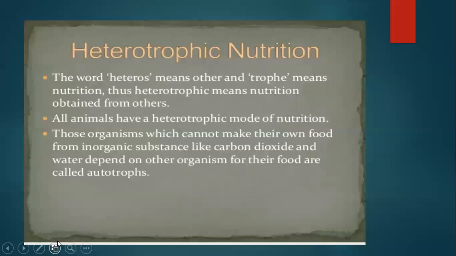So examples for heterotrophic nutrition are mushrooms, bread molds, leeches, tapeworms, Cuscuta, humans and animals.